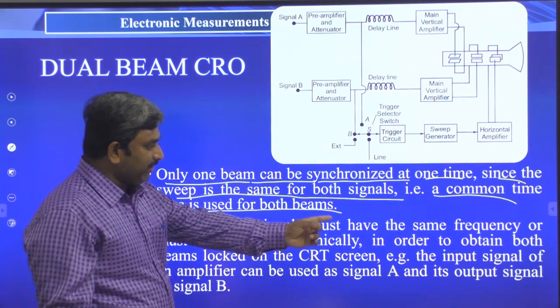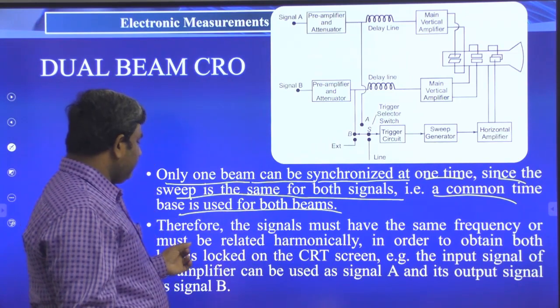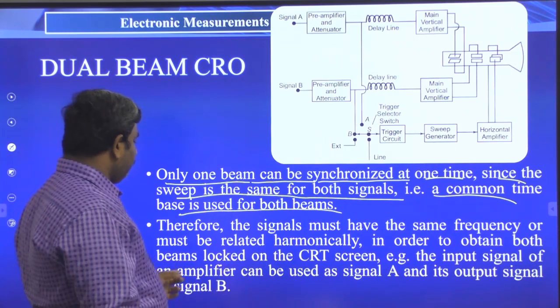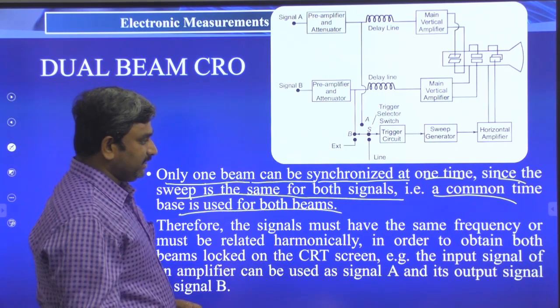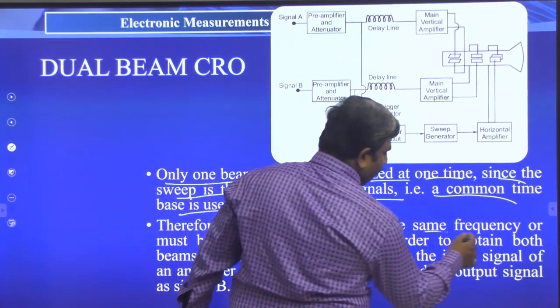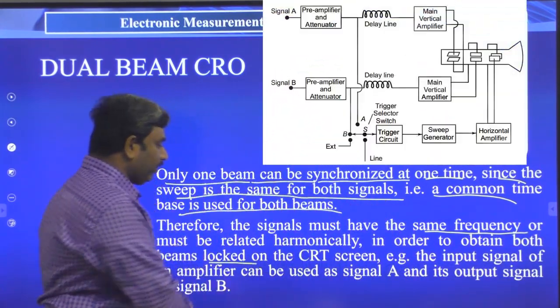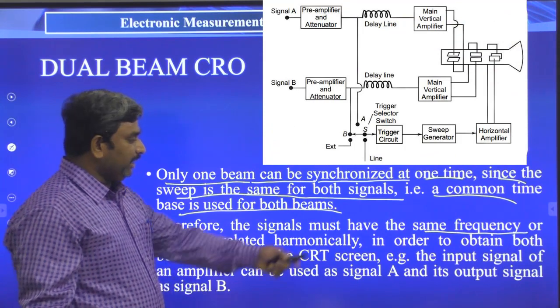Therefore, the signals must have the same frequency or must be related harmonically in order to obtain both beams locked on the CRT screen. Here both signals have the same frequency and they are locked on the CRT screen.